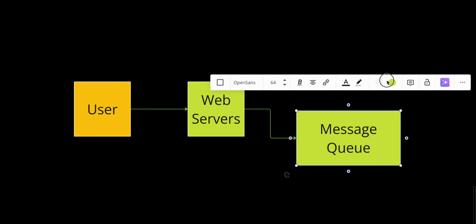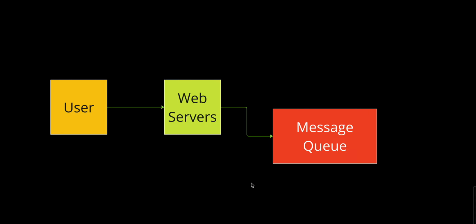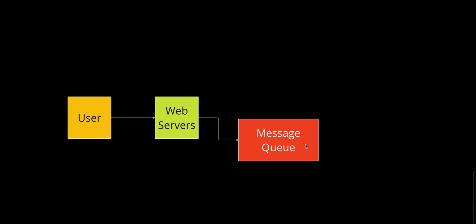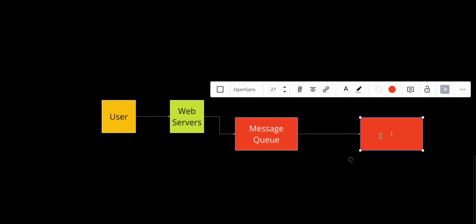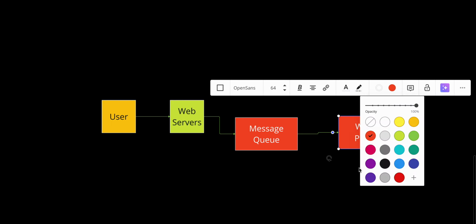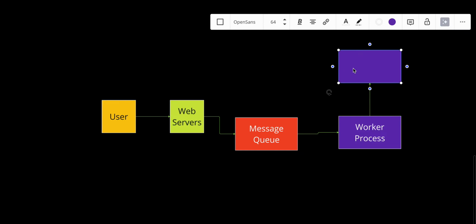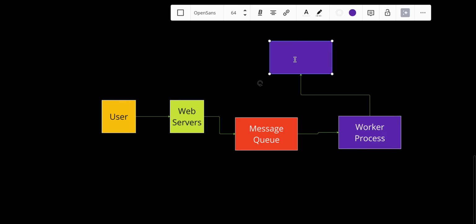Let's give it a different color to make it more appealing. And the job will be sent to a worker, and the worker will store this file in a blob storage.